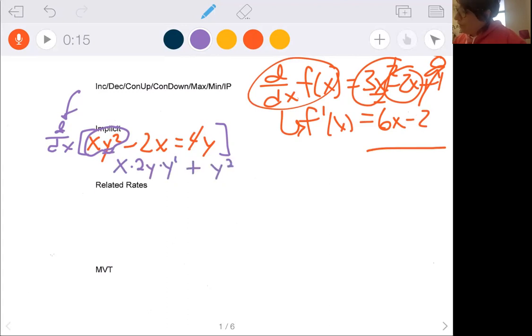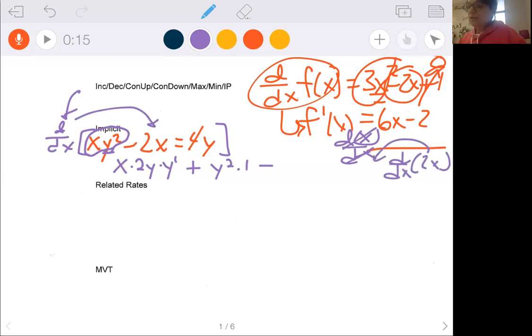Now, the derivative of x with respect to x is 1. So first d second plus second d first, right? And then it'd be minus the derivative of 2x with respect to x. And again, the derivative of 2x with respect to x, the 2 comes out front, and I have 2 dx dx. It's just 2.